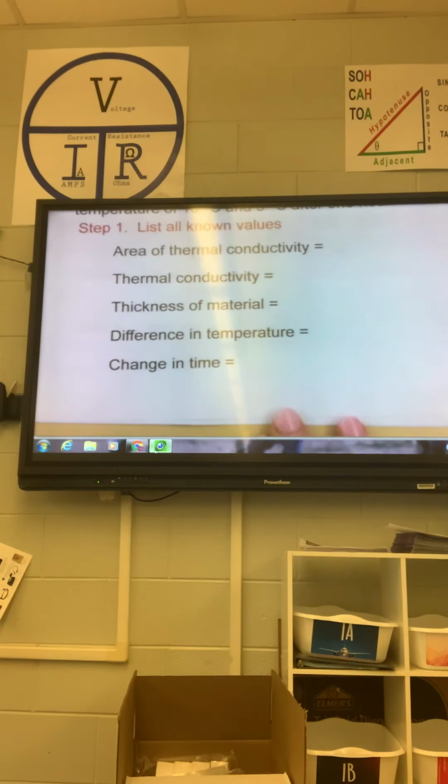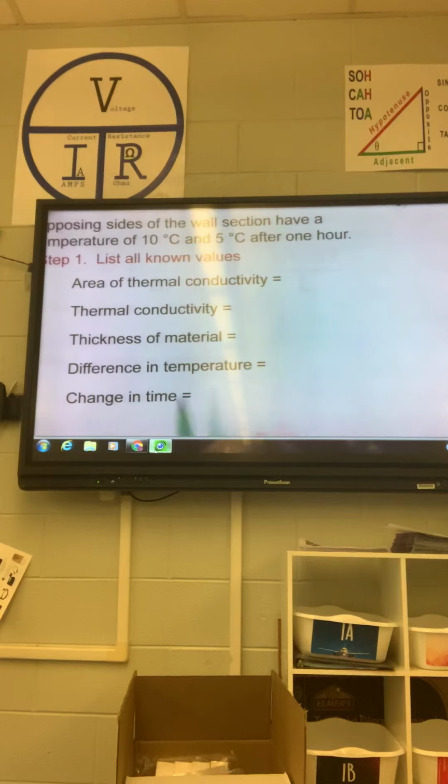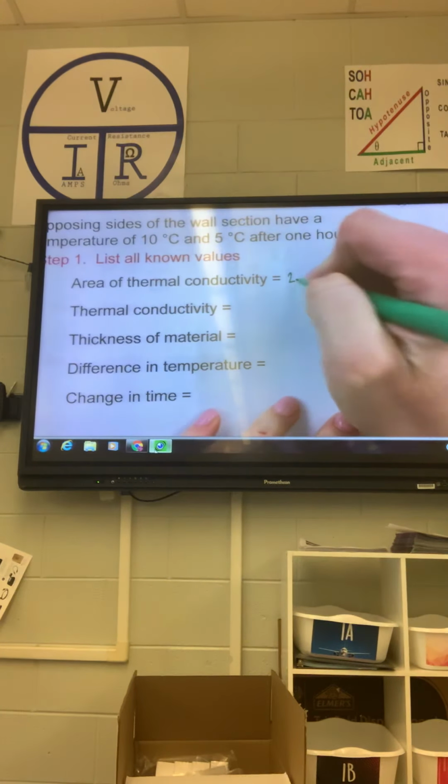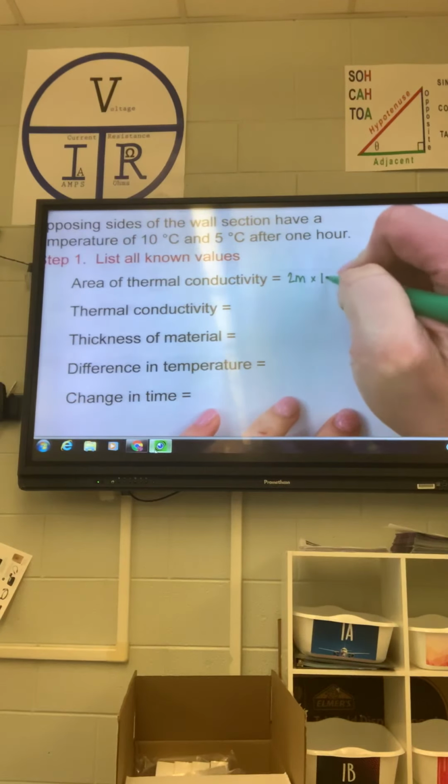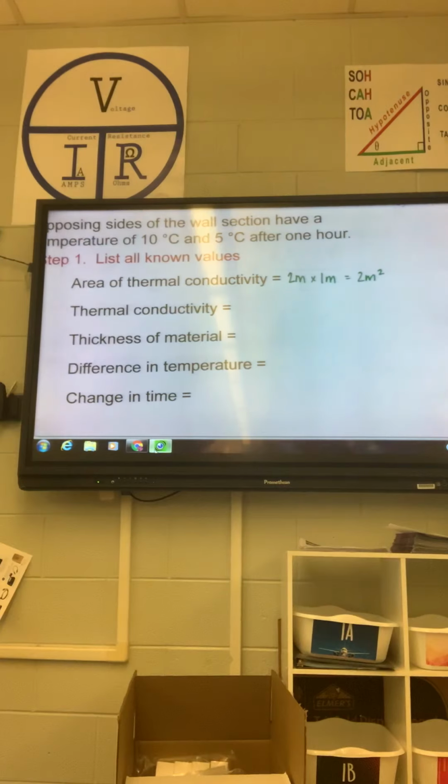So let's list our values. What do we know? What's the area? 2 what? That wall is 2 meters by 1 meter, and when you multiply, you get 2 meters squared.